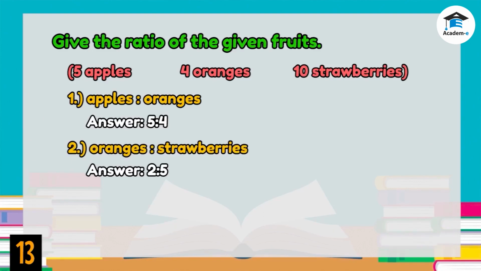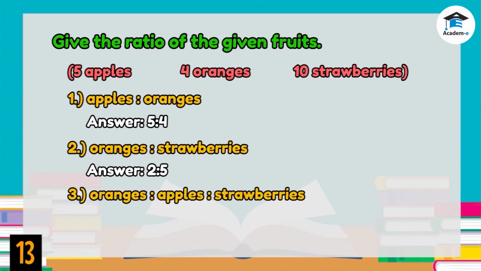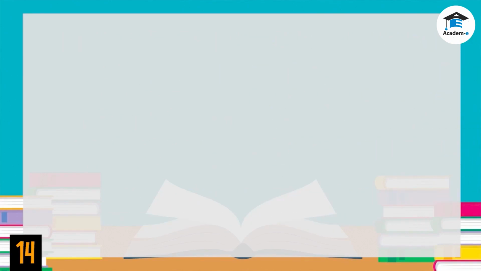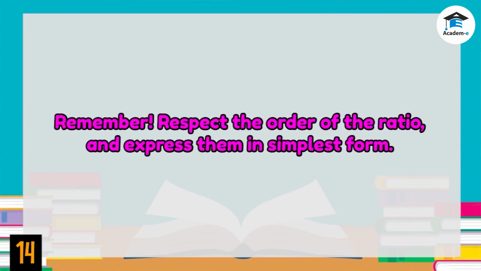Answer. 2 to 5. 3. Oranges to apples to strawberries. Answer. 4 is to 5 is to 10. Remember, respect the order of the ratio, and express them in the simplest form.